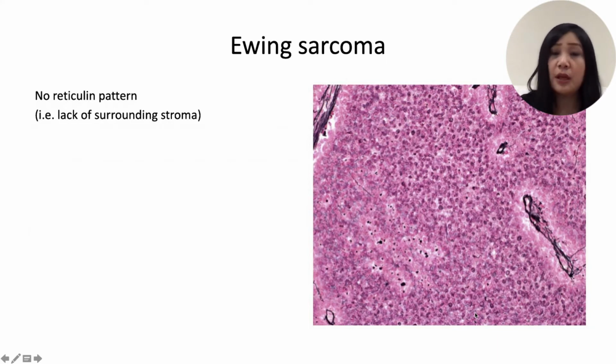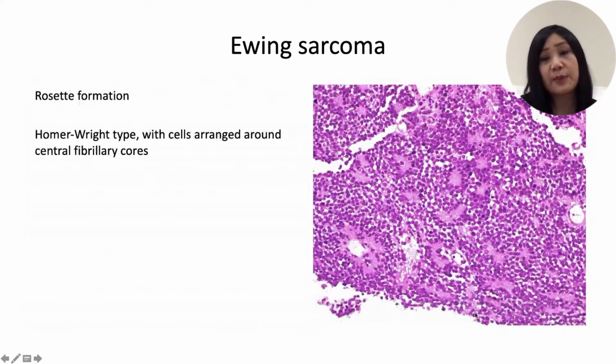And that is useful because tumours that may mimic Ewing sarcoma, such as poorly differentiated synovial sarcoma or small cell carcinoma, will have a nested pattern with reticulin. This is completely lacking in Ewing sarcoma. There can be variable rosette formation of the Homer-Wright type with cells arranged around central fibrillary cores. Notice how evenly spaced and monotonous these cells are.